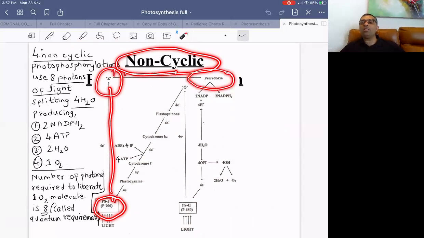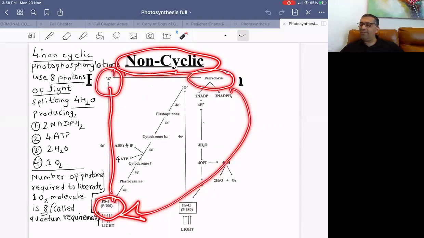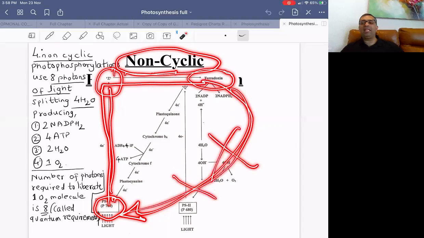But from ferredoxin, you remember cyclic, it should go to cytochrome B6, cytochrome F, plastocyanin and return back to PS1. बट नॉन साइक्लिक प्रोसेस में नहीं, इलेक्ट्रॉन ऑफ PS1 जाता तो है Z के पास, Z से फेरिडॉक्सिन के पास, बट फेरिडॉक्सिन से it does not return back to PS1. PS1 पे इलेक्ट्रॉन वापस लौट के नहीं आता है.